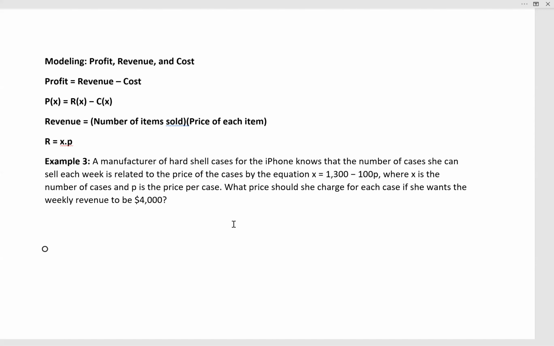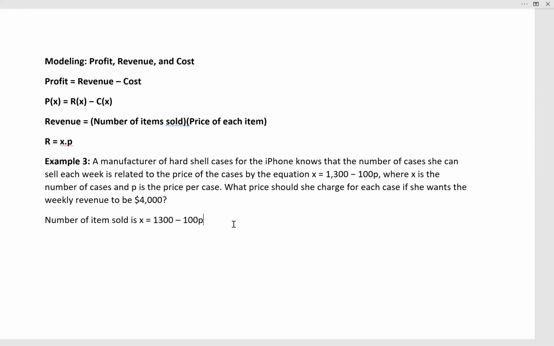Okay, so you have in here the number of items sold is x, which equals 1,300 minus 100p.